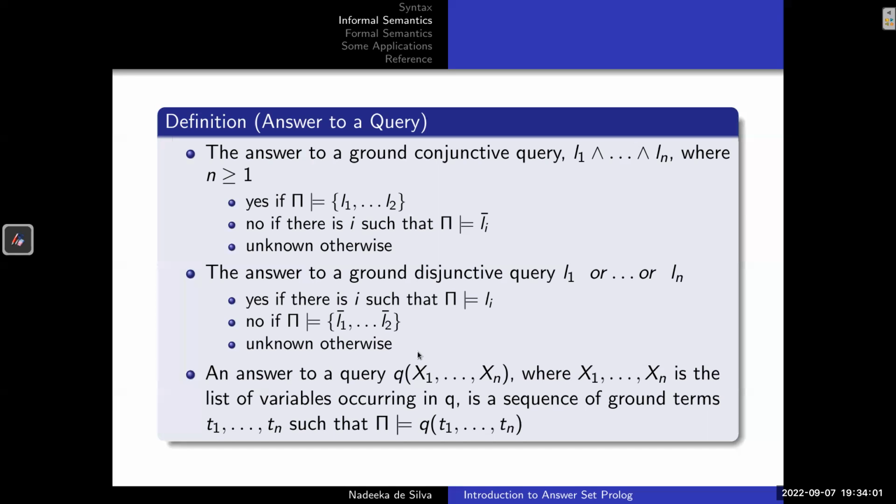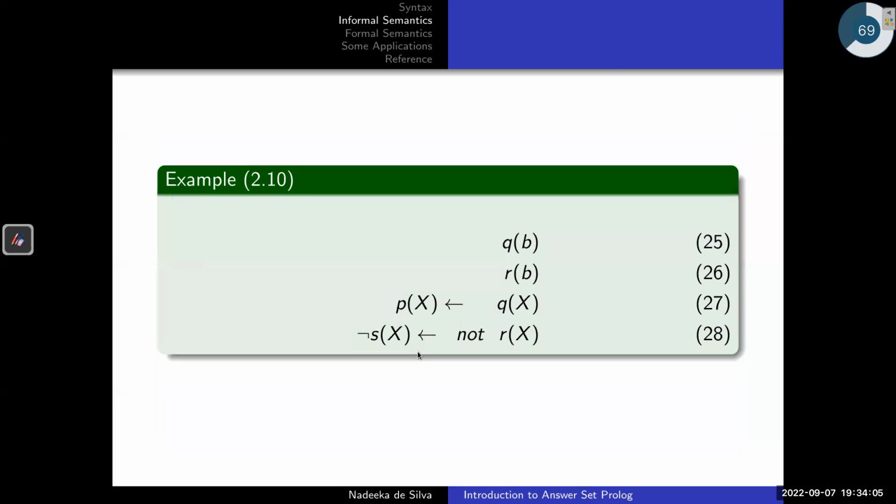So let us look at another example here. We have a program, and this time this program has variables x and qx, and it also has these two rules.